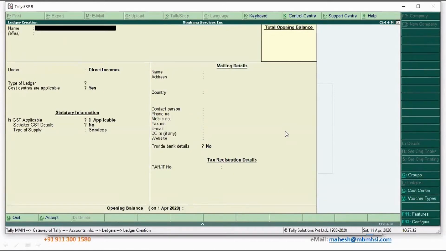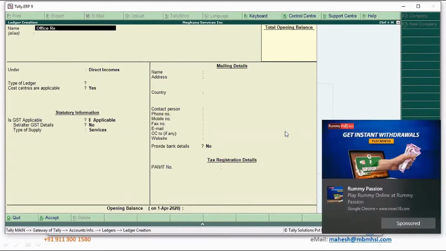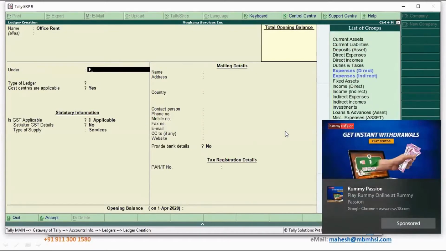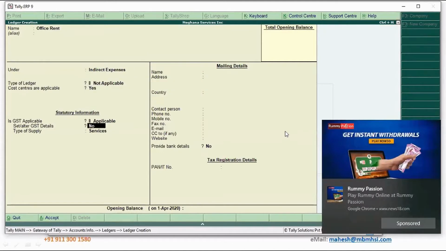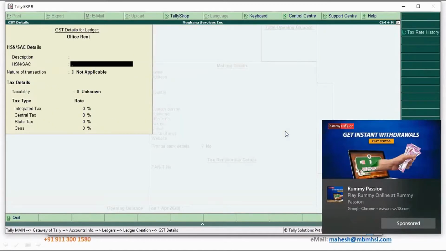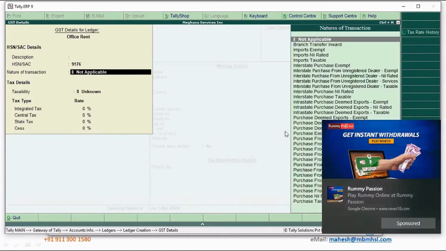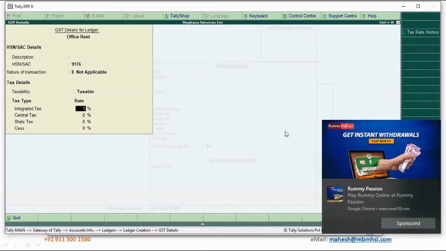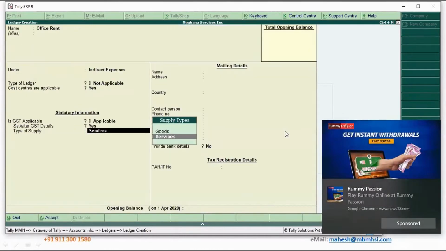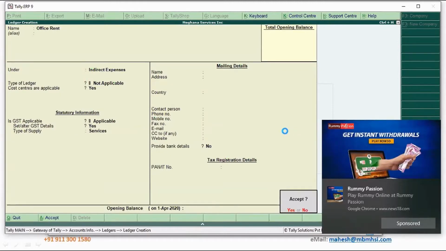Let me also create a few expenditures: office rent expenses, GST is applicable, taxable at 18%. So this is indirect expenses.